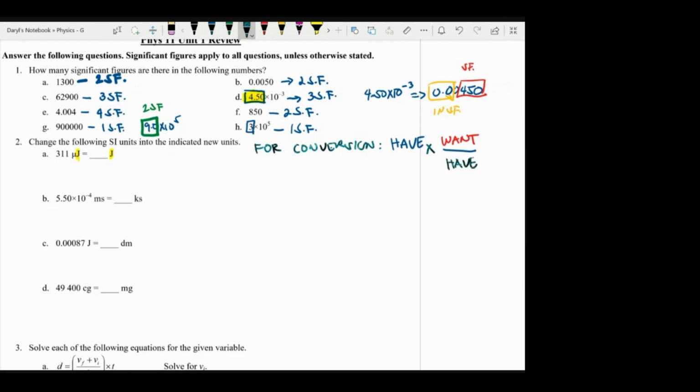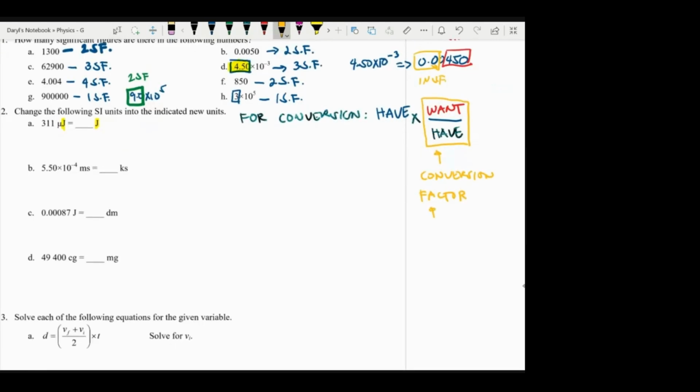Okay, and again, this one here is what you call the conversion factor. Where would you get your conversion factor? Well, usually from the table of values, or in this case, the prefix.